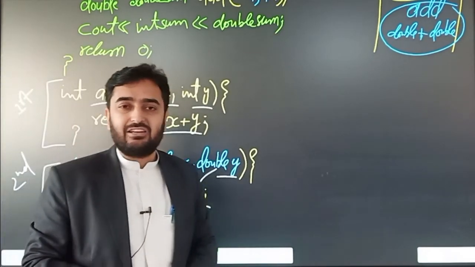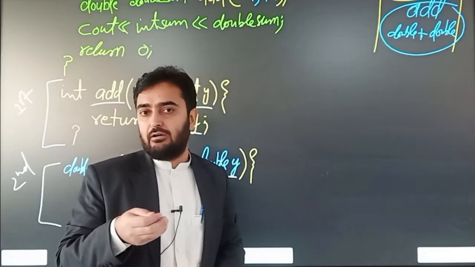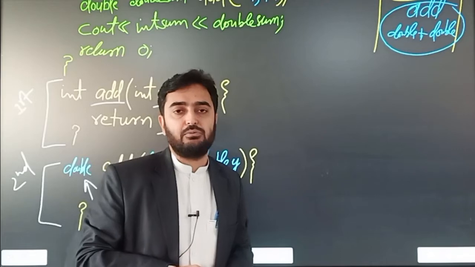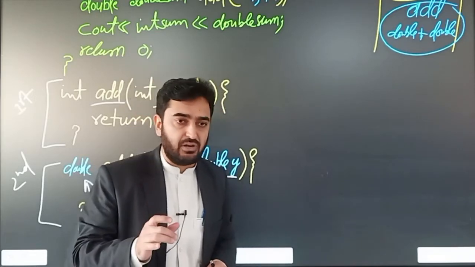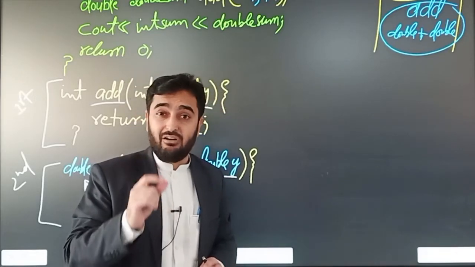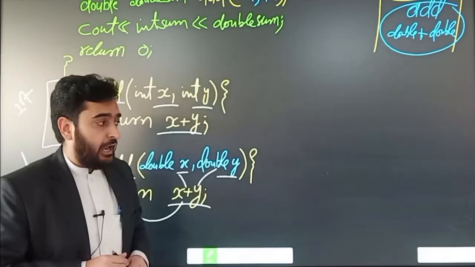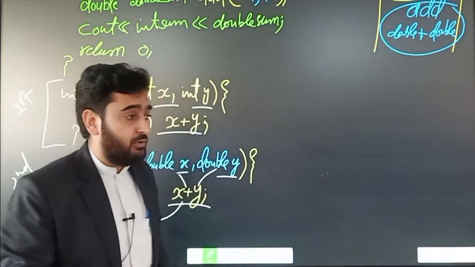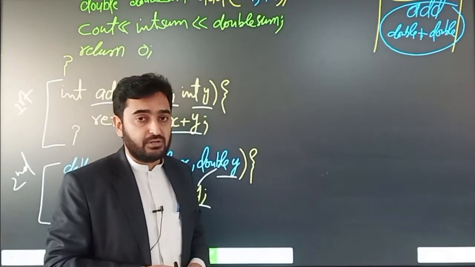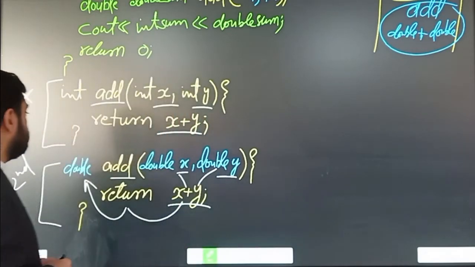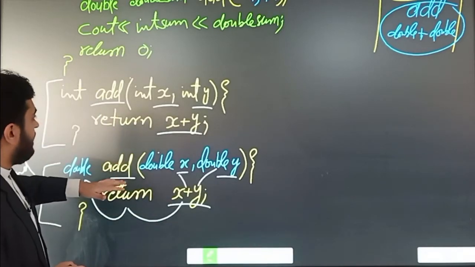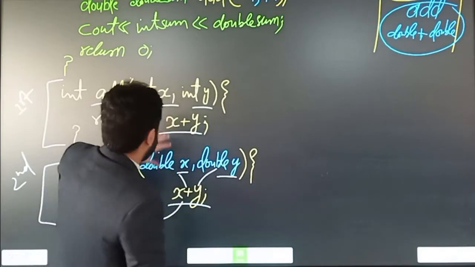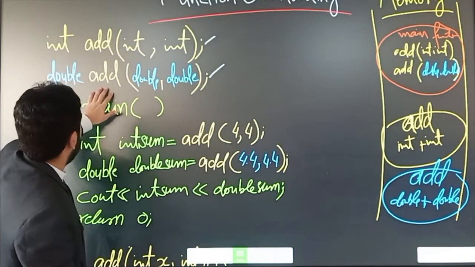Even if you write different return types, or similar return types, it has no effect on the concept of function overloading. This concept is also known as polymorphism, which we will cover in the advanced topics of the C++ language. So what the application of these two functions is, we can see in the main function here.